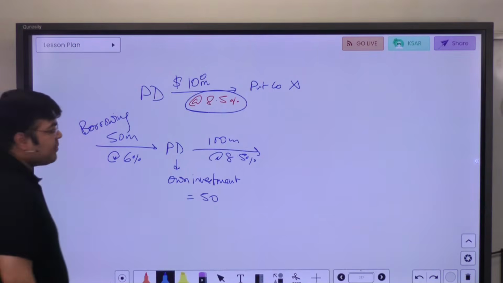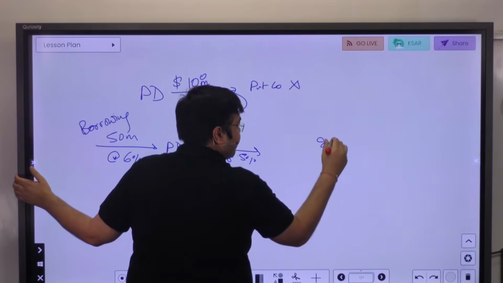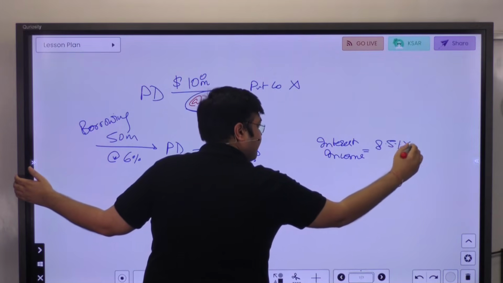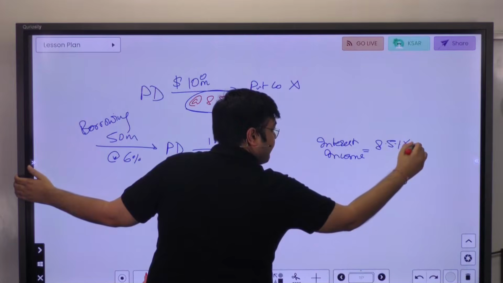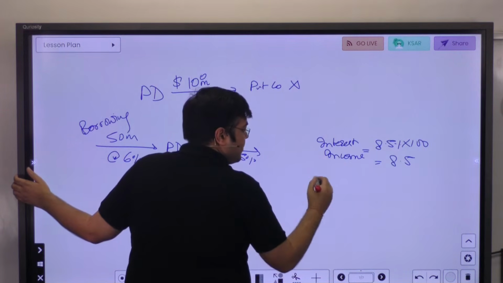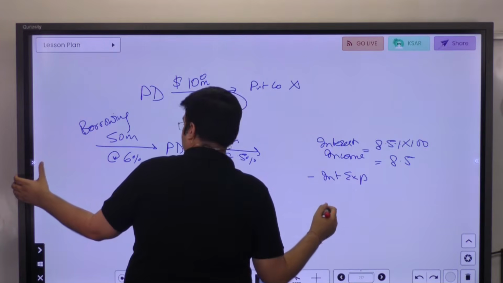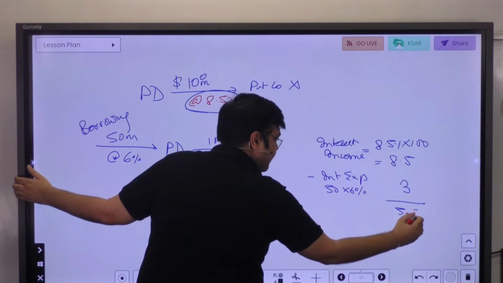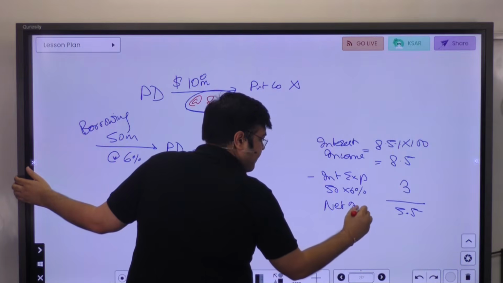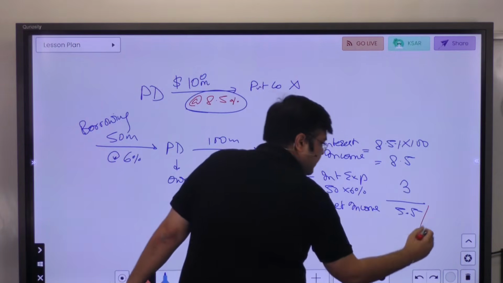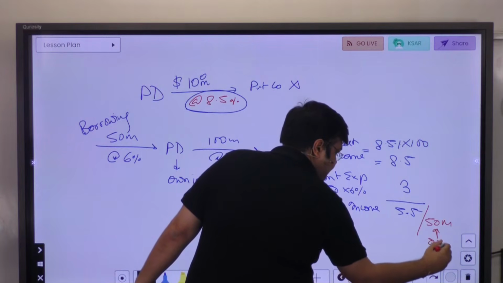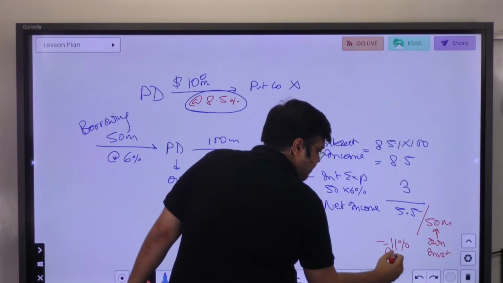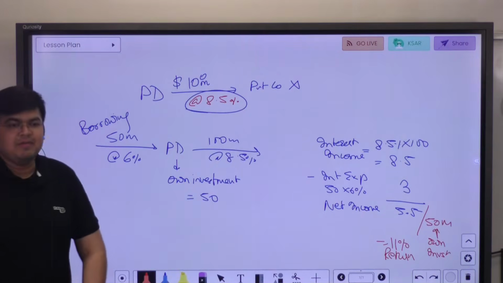But over here, what is the return of the private debt firm? 11% is the return.